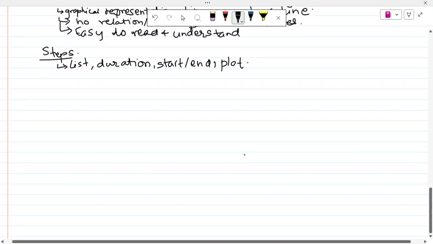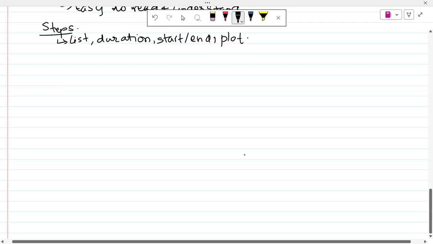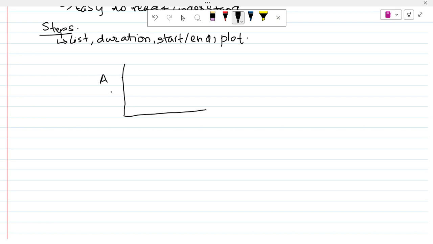Let us take an example. There are activities A, B, and C. It's a very simple example. Here are the days: one, two, three, four, and five. This is a 5-day project.